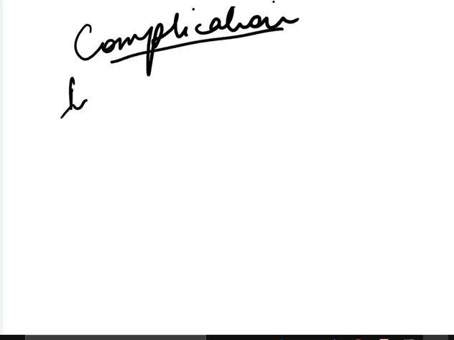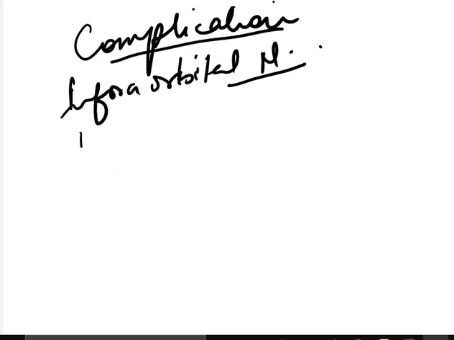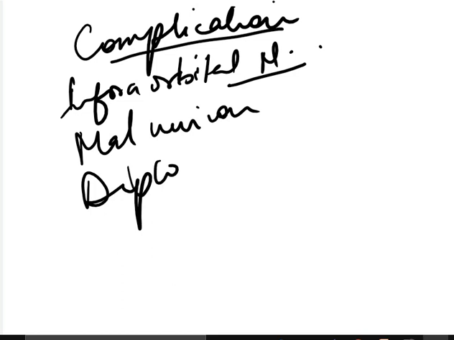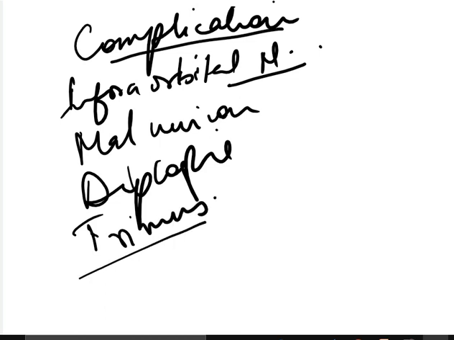Then coming to the complications. Complications will include intraorbital nerve paresthesia, then malunion or asymmetry, diplopia, traumatic hyphema, trismus, then superior orbital fissure syndrome, which will include ptosis, ophthalmoplegia, forehead anesthesia, pupil dilation, and proptosis.